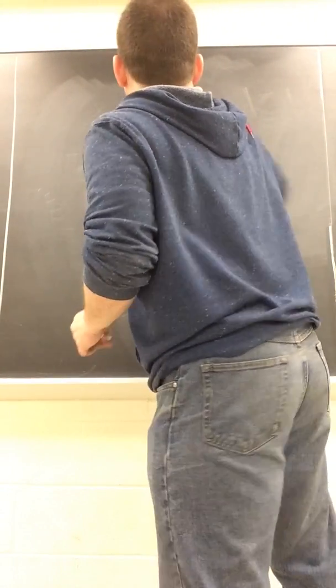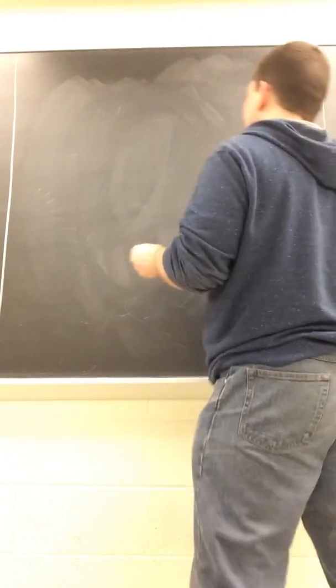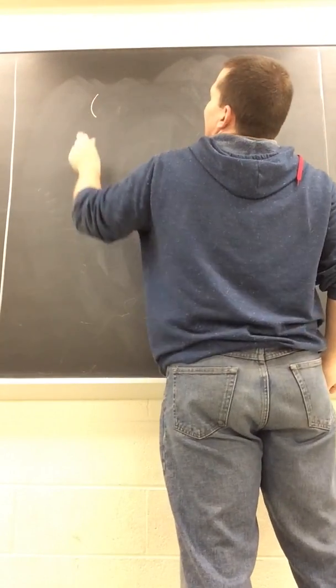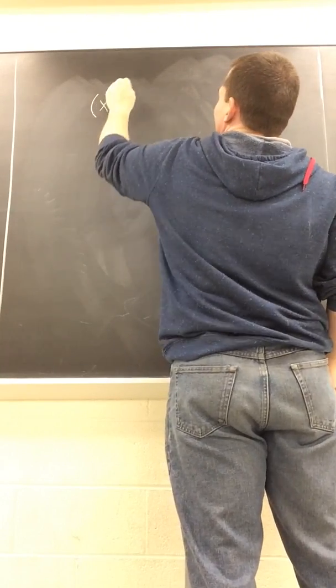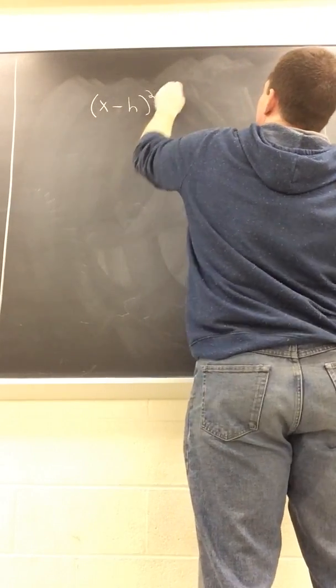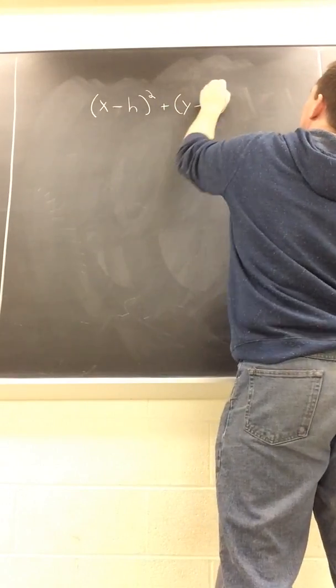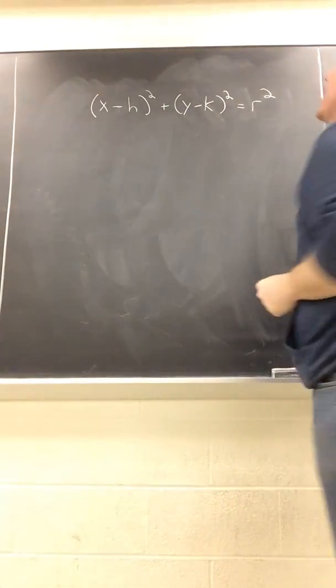Meaning, I'm going to write the formula your book has, but then we'll explain it. The actual formula for a circle in what's called center-radius form is (x minus h) squared plus (y minus k) squared equals r squared.